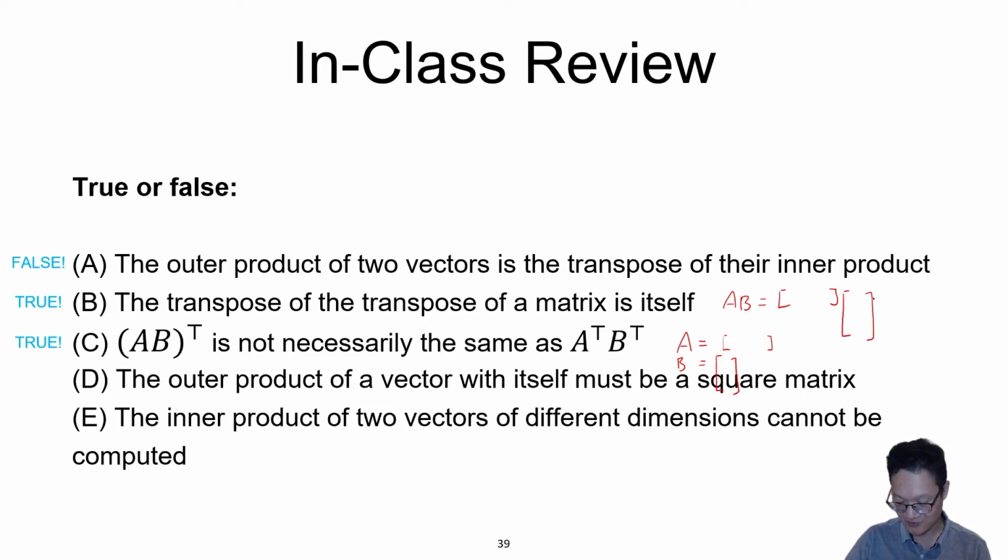So that's a scalar. When you transpose it, you get another scalar. And then if you do A transpose B transpose, well, A transpose looks like a column, and then B transpose looks like a row, right? So you can kind of see that these are definitely not the same, right? Kind of goes back to the previous example as well.